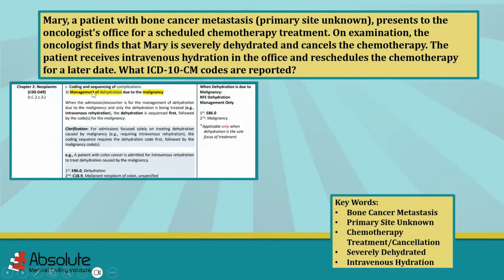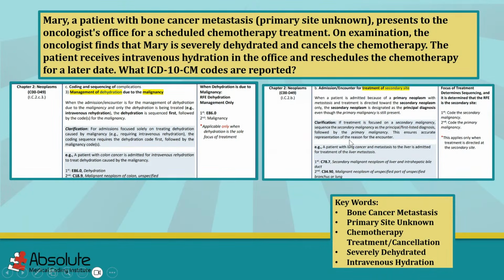So our first one is going to be what everyone put in the chat, our IC2C3, which is going to be the most important one. So this is going to be our management of dehydration due to malignancy. This is a very straightforward guideline that we would be selecting. And then our second one is going to be this admission or encounter for treatment of secondary site.